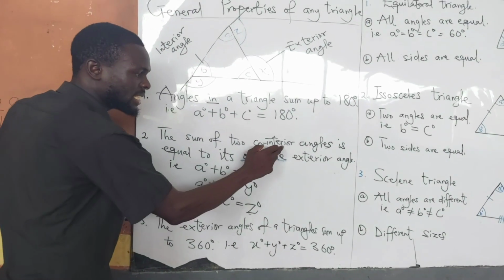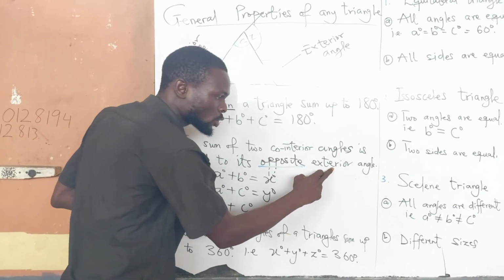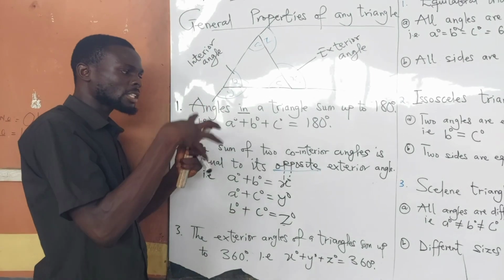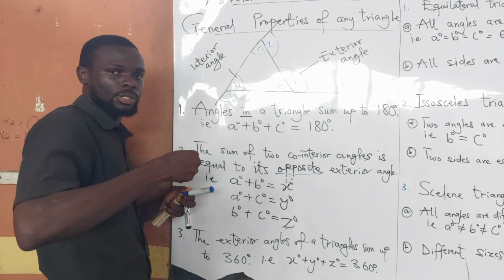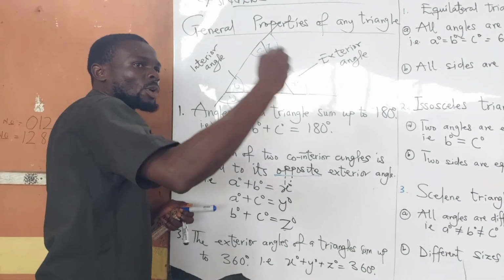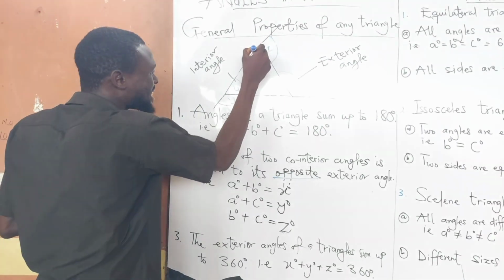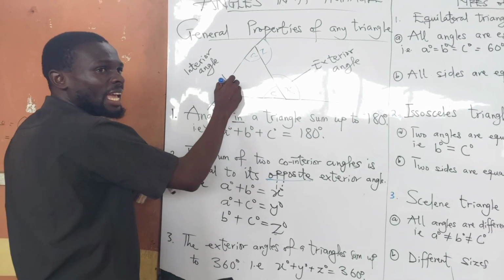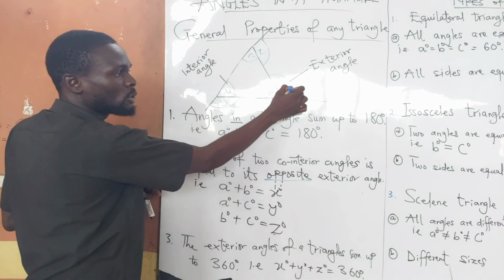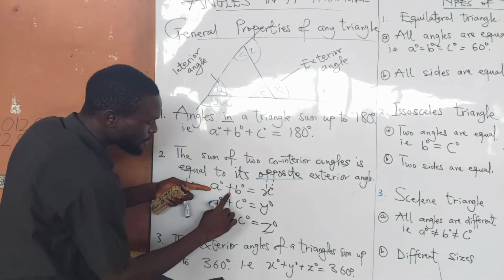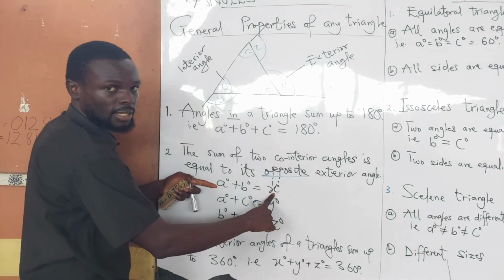Now you see we've met interior here, we've also met exterior. So what it is saying is that if you sum two co-interior angles together, it is equivalent to its opposite exterior. So if I put this and this together, its opposite exterior happens to be what? The x. So that is A degrees plus B degrees is giving you x.